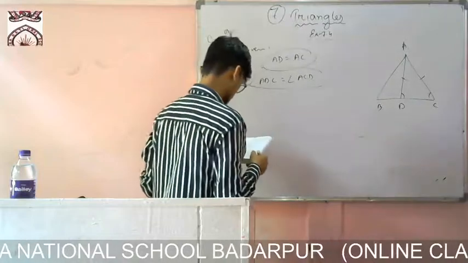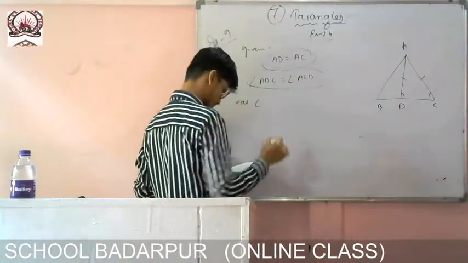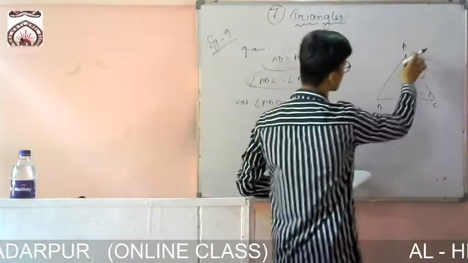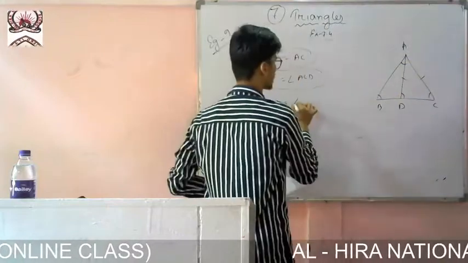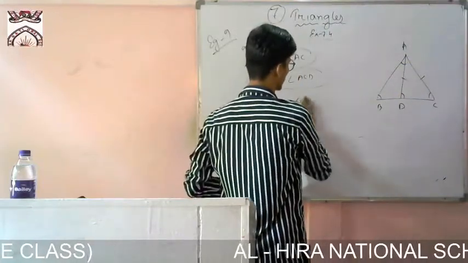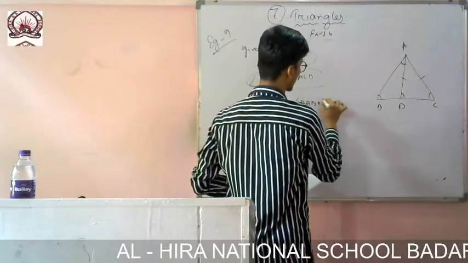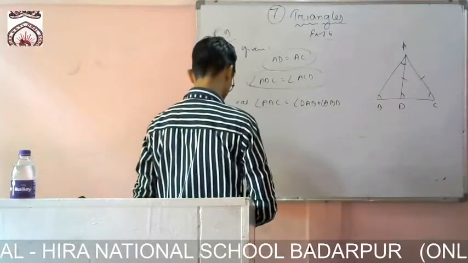So you see one thing here, what is given? So we know exterior angle property. Let me write. ADC is an exterior angle, given. So exterior angle ADC will be equal to the sum of this one plus that one. That means the sum of angle DAB plus angle ABD.